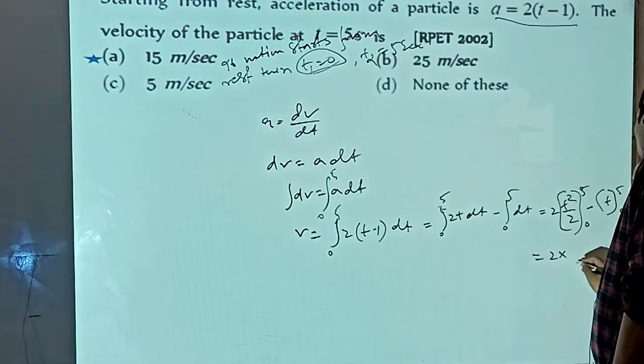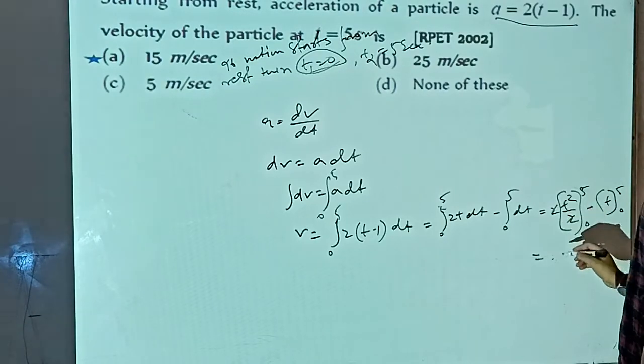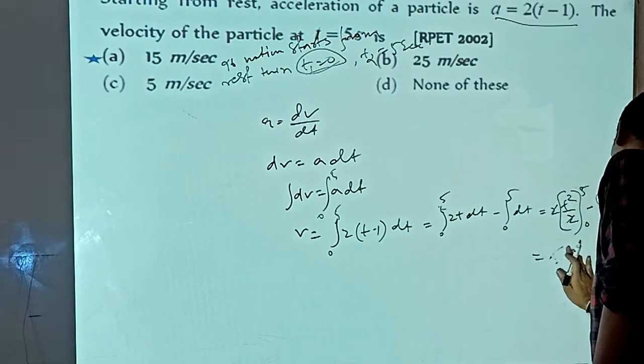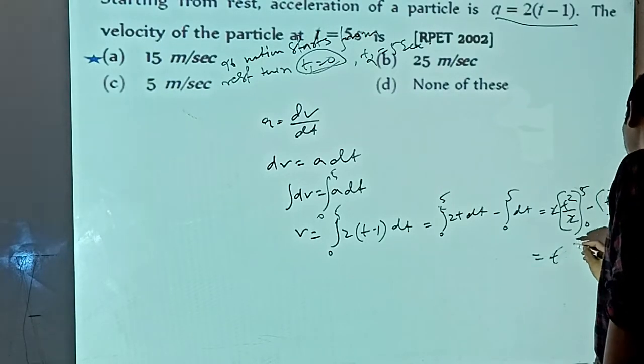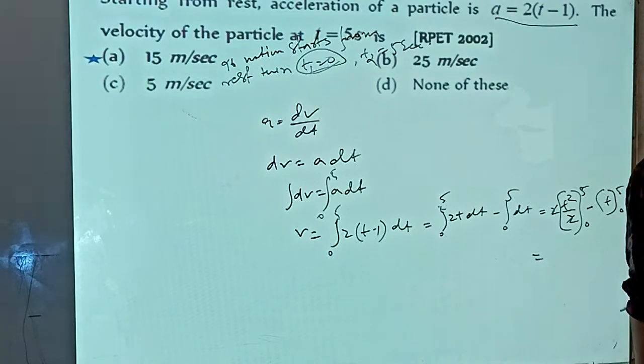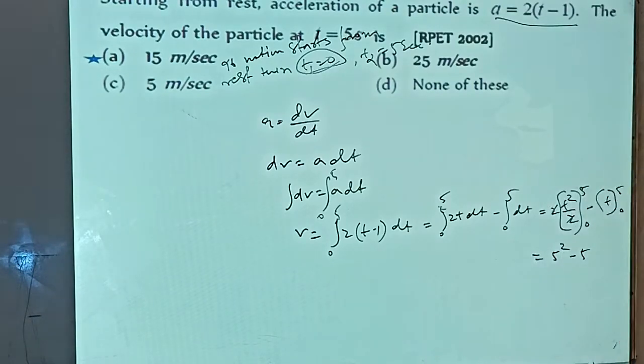Multiplying by 2, the 2 will be cancelled out. So the value of t square, that will be 5 square minus 5. I am writing it directly.